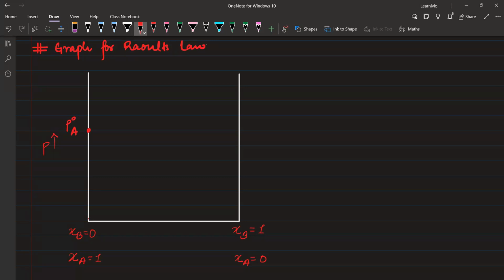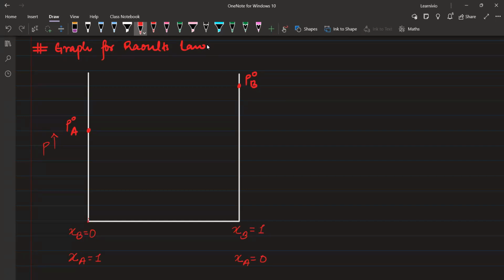Now we have just taken as a reference that P naught A is less and P naught B is more. It can be completely opposite also, P naught B can be here also. We are not taking any particular case of A and B, it is generic. This is P naught B.